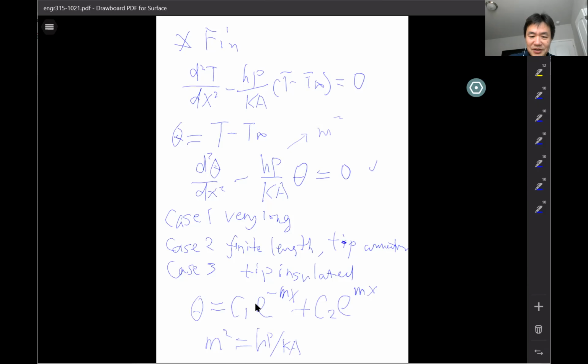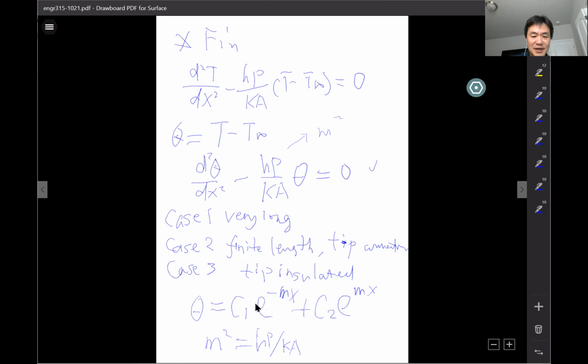Why do you have two coefficients, C1 and C2? Because you haven't applied the boundary condition yet. You basically need two boundary conditions, a starting condition and an ending condition, because it's a second order derivative, d squared theta over dx squared.